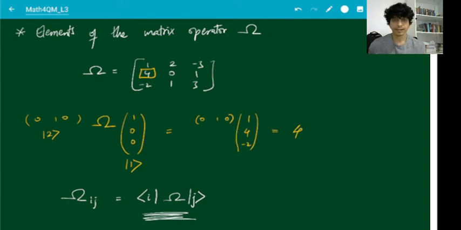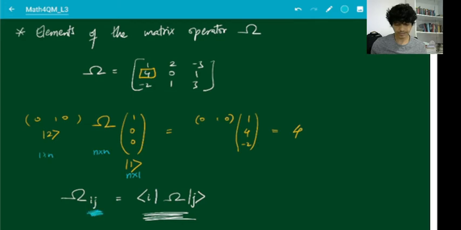On the left side you have a row vector, on the right side you have a column vector. So this is 1 cross n, this is n cross n, and this is n cross 1. In the end you have a 1 cross 1, which is a number, and that's the ijth element of omega. So whenever you need to find the element of a matrix, you squeeze it between a bra and a ket corresponding to the indices that you want.